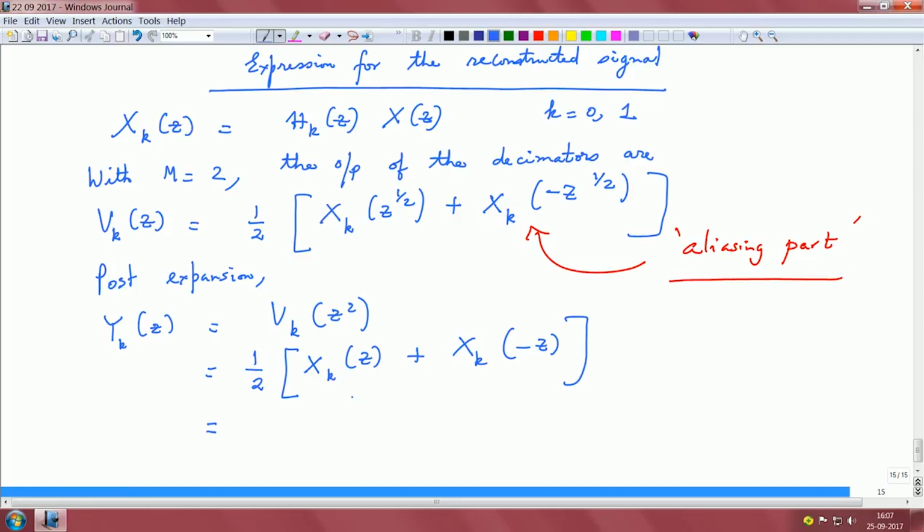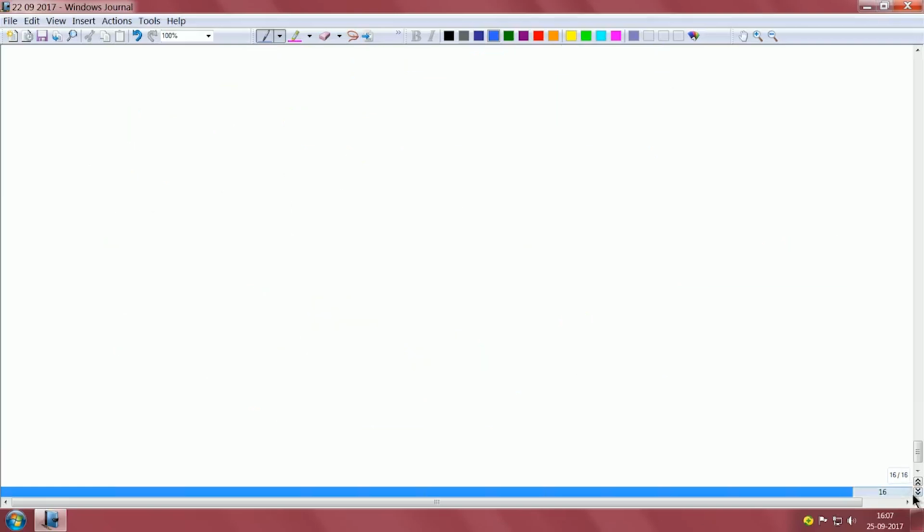Now since we know what the equation is for xk in terms of hk and x, we plug that in. So we have 1/2 hk of z x of z plus hk of minus z x of minus z. Okay. Now post this it is easy for us to figure out what the reconstructed signal is, because they have to go through the synthesis filters.